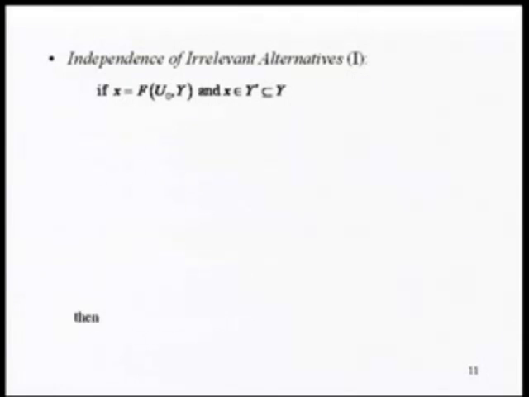And now we eliminate from the ballot some losing candidates. Well, they were, in a sense, irrelevant because they didn't get elected. So we ought to have the same winner. And that's exactly what Nash's version of independence says.